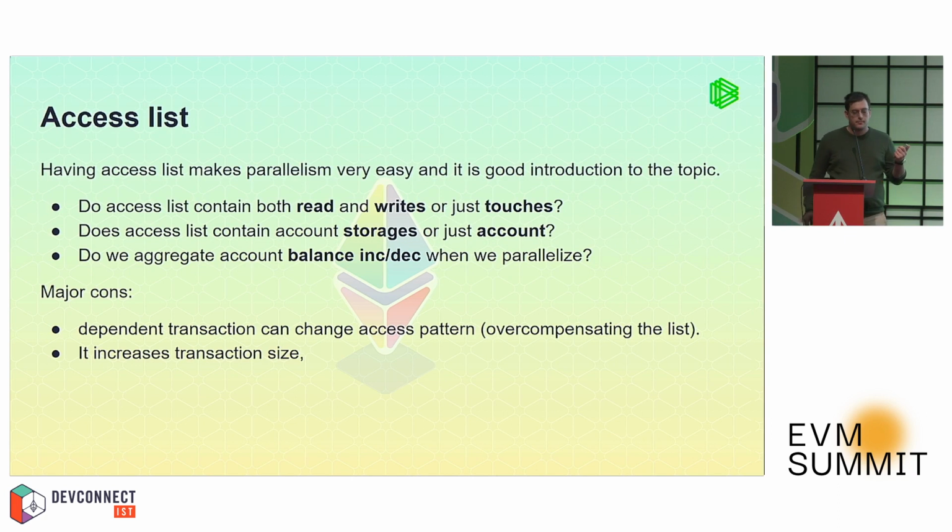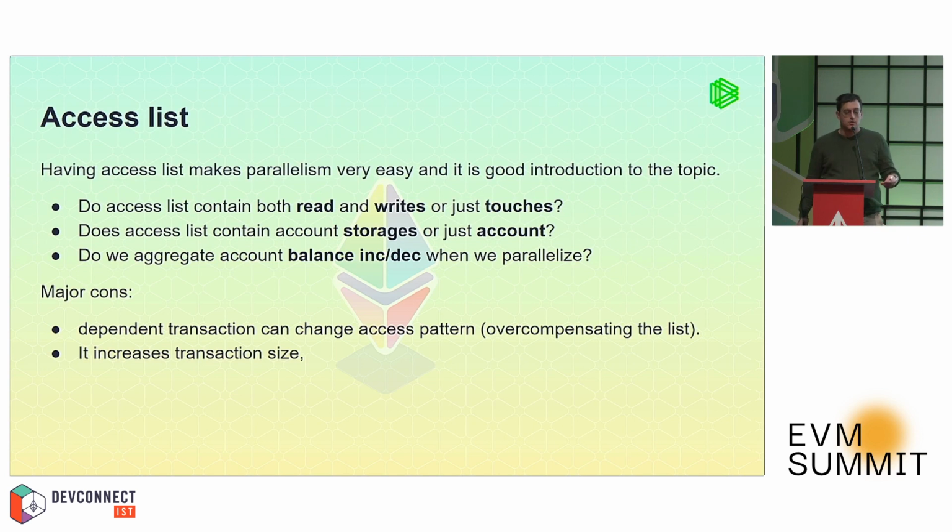Do they contain reads and writes? Do they contain only touches? Do they contain storage or just accounts? Do we want to parallelize on the account or contract level, or on storage? For example, for ERC20, you would like storage.